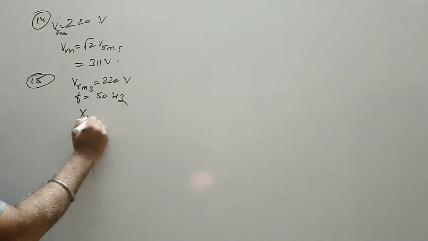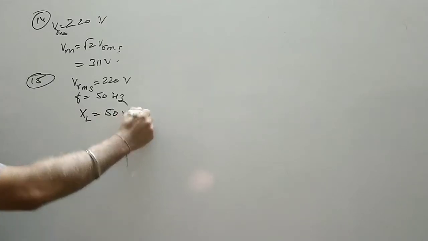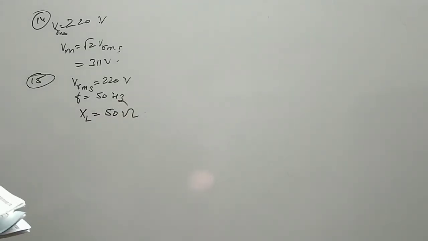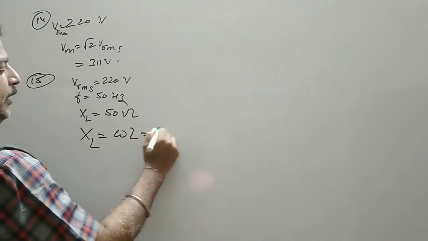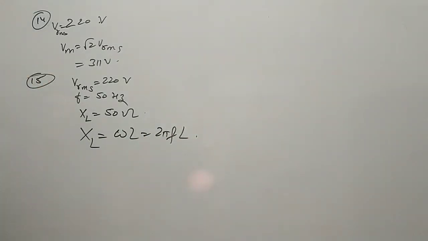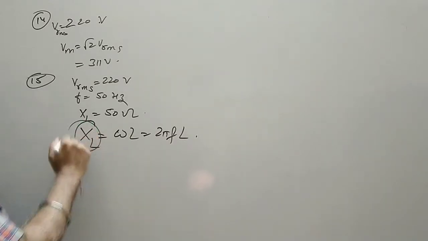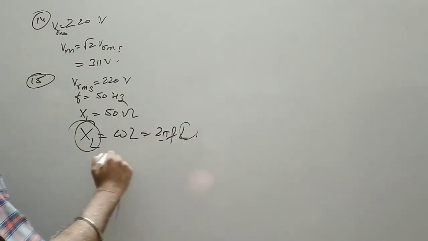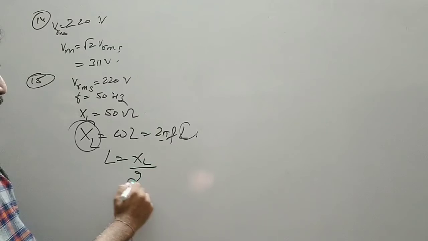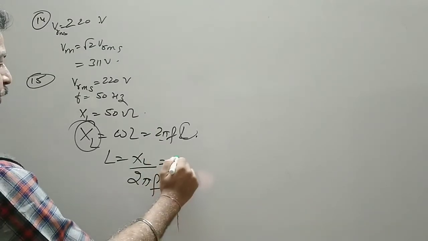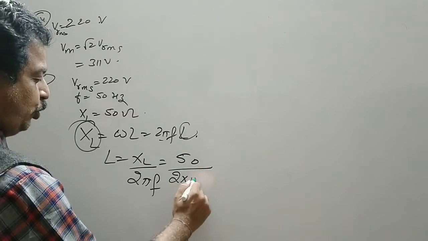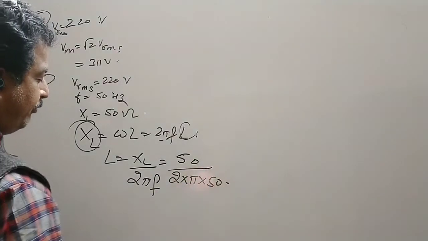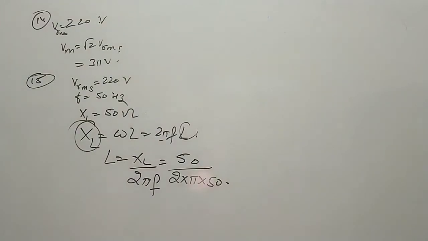So reactance means XL is equal to 50 ohms. We have to find out inductance. So directly XL is equal to omega L, that is equal to 2 pi FL. We have XL here, we have 2 pi F. So L becomes XL upon 2 pi F, that is equal to 50 divided by 2 into pi into 50. So you do this calculation and find out the answer.